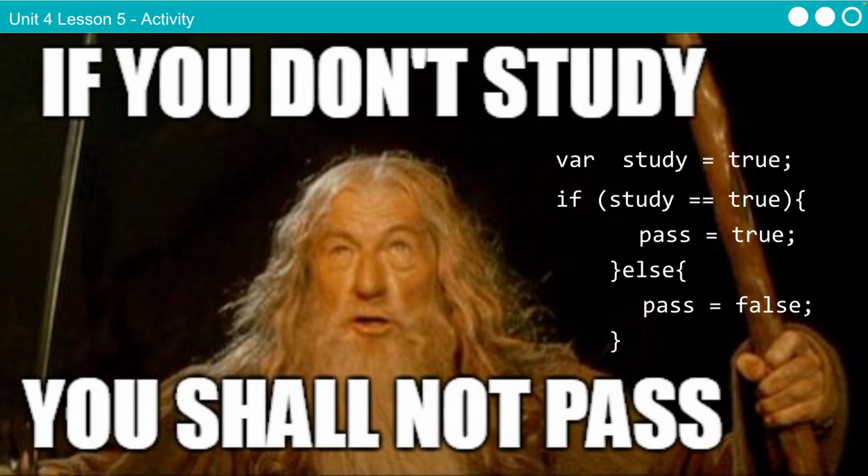We've set it with the assignment operator to the value of true. Note that true is not in quotes. It's a Boolean value. So if study is equal to, see the comparison there? We have the double equals, true. So if study is equal to true, which it currently is, then you can pass.